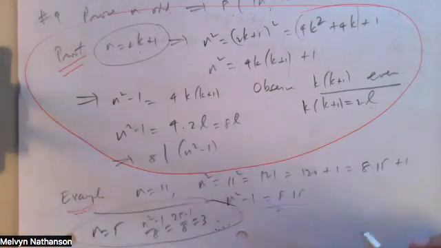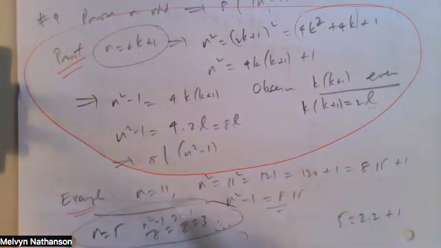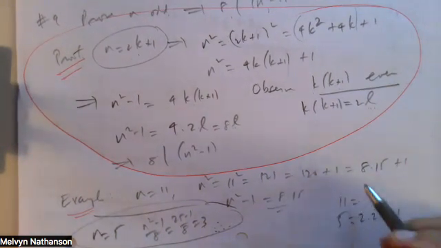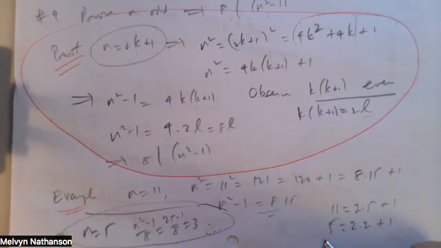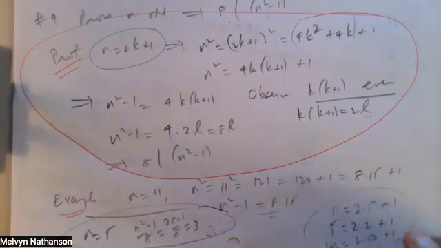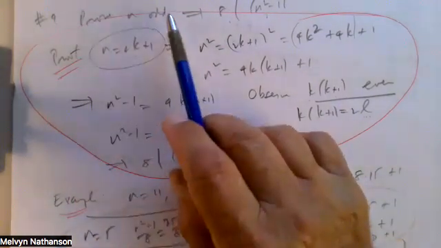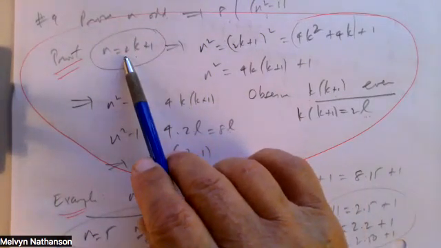5 is an example. 5 is 2 times 2 plus 1. 11 is an example. 11 is 2 times 5 plus 1. 101 is an example. 101 is 2 times 50 plus 1. But these are just examples, right? If n is odd, the definition of odd is a number of the form 2k plus 1.